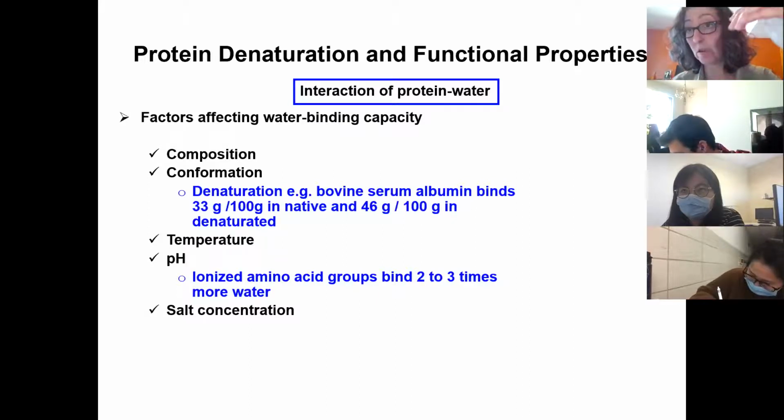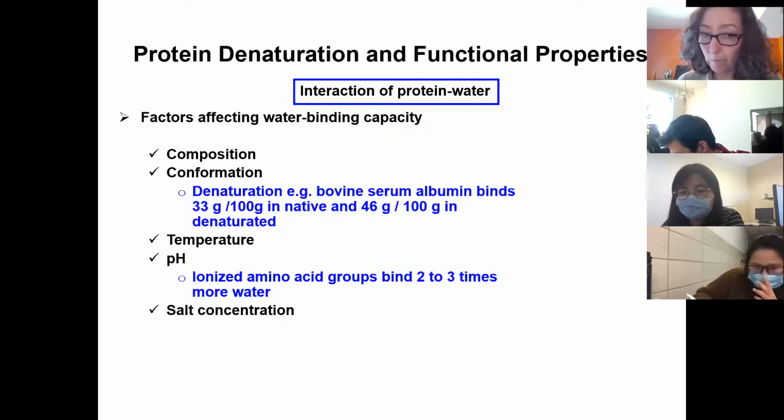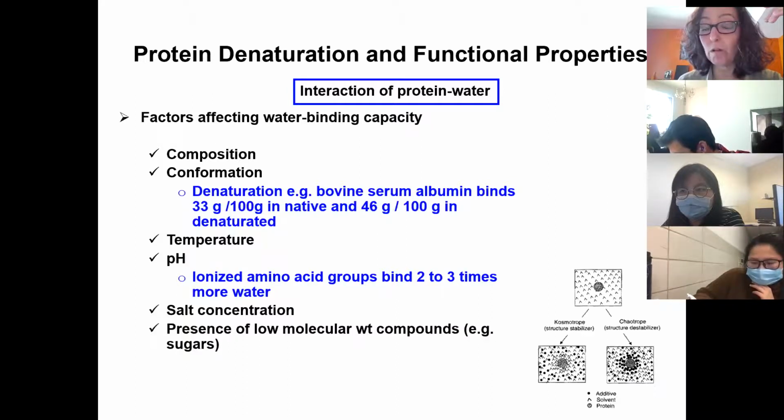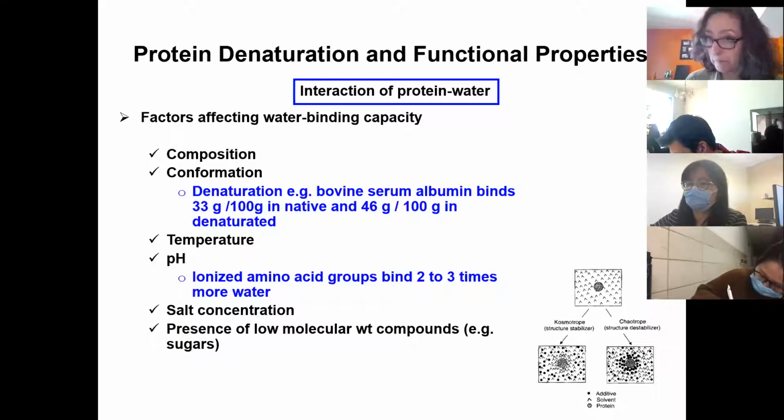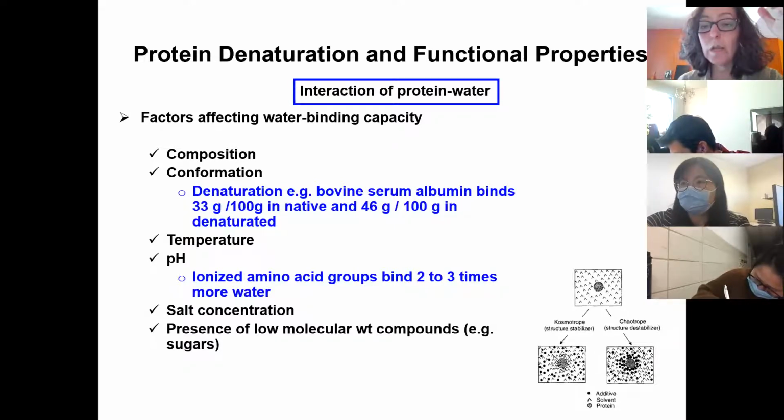But a lot of salt can actually shield the charges on the protein, preventing water interactions. So it depends on the concentration, as we talked about before, and also the type of salt, is it a cosmotrope or a chaotrope? You want to remember the difference between these two.